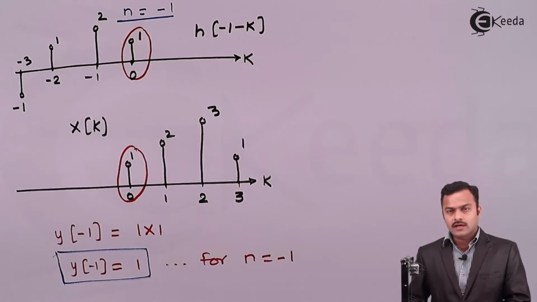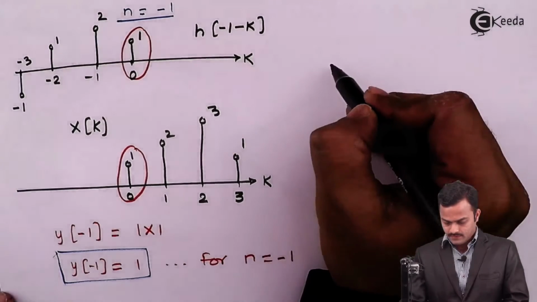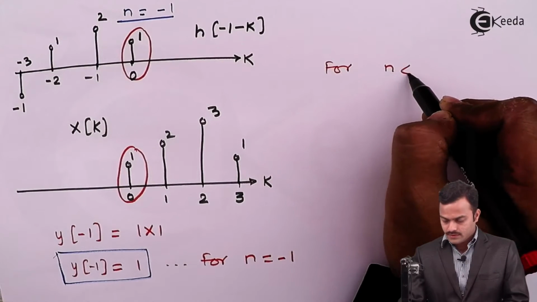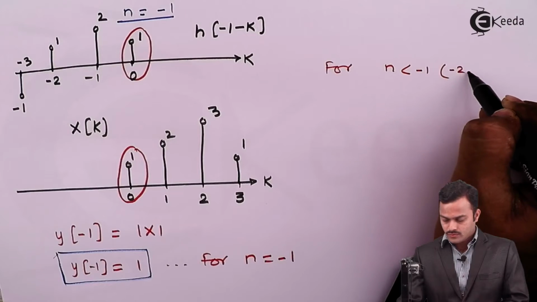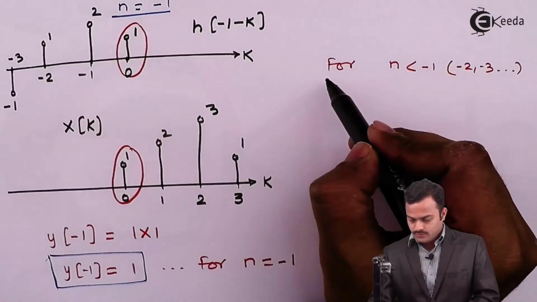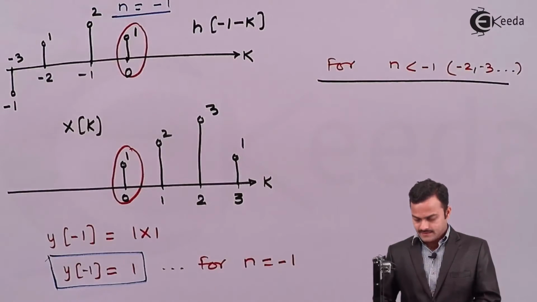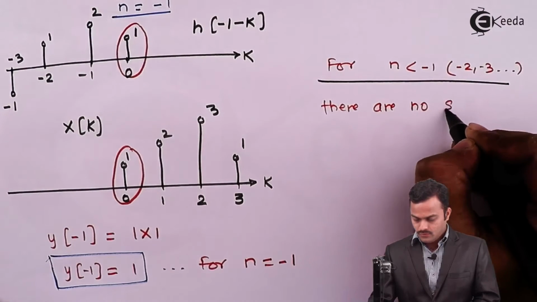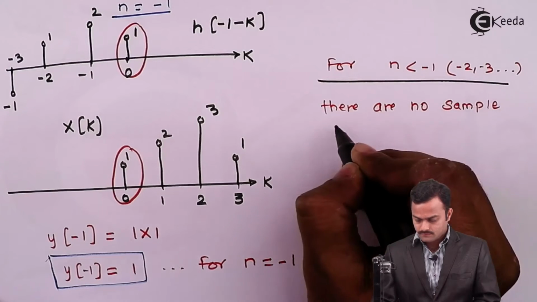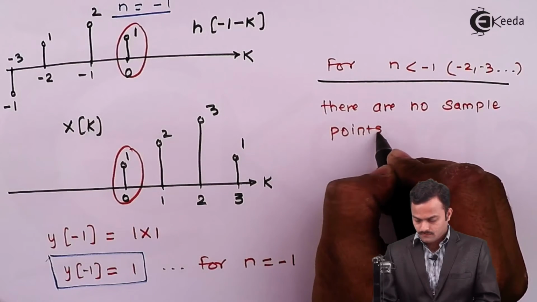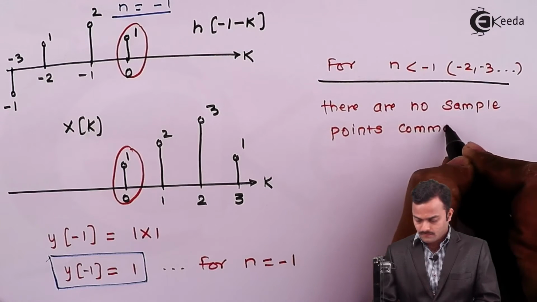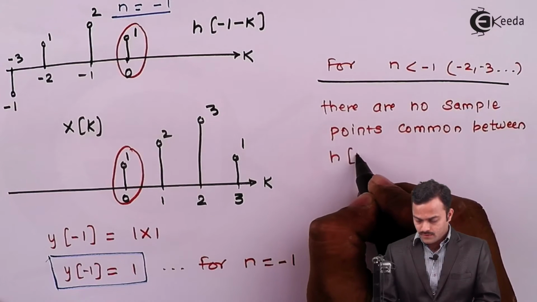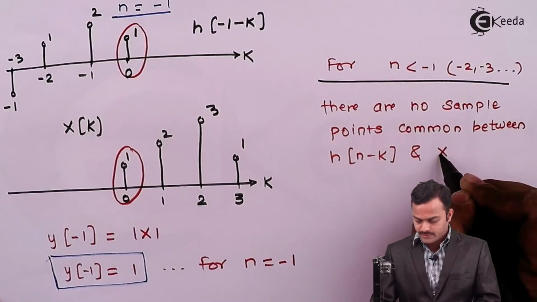So what I can say now, for the shift which is less than -1, meaning -2, -3 and so on, there are no sample points common between h of n minus k and x of k.